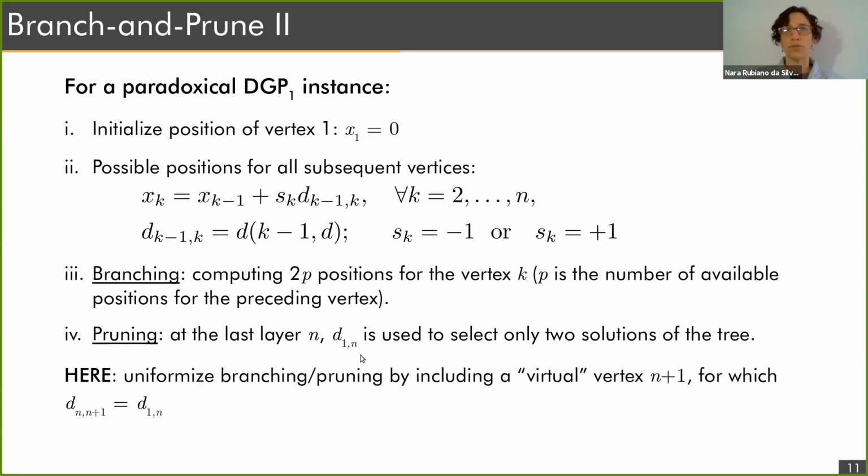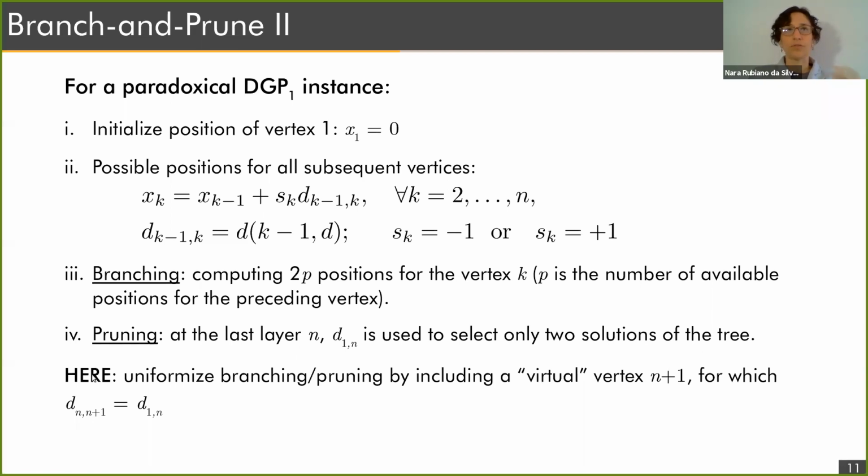In our way of writing the algorithm here, we are actually uniformizing these two steps, the branching and pruning parts, by including a virtual vertex. A virtual vertex with label n+1, where n is the dimension of the problem, and for which the distance from this virtual vertex to the last vertex is numerically equal to the distance between the first and the last vertex.